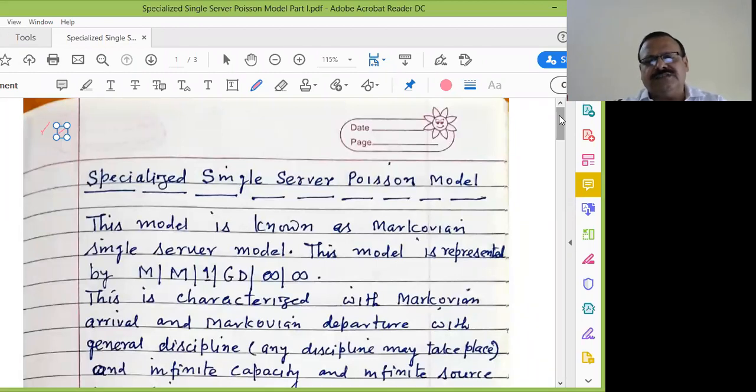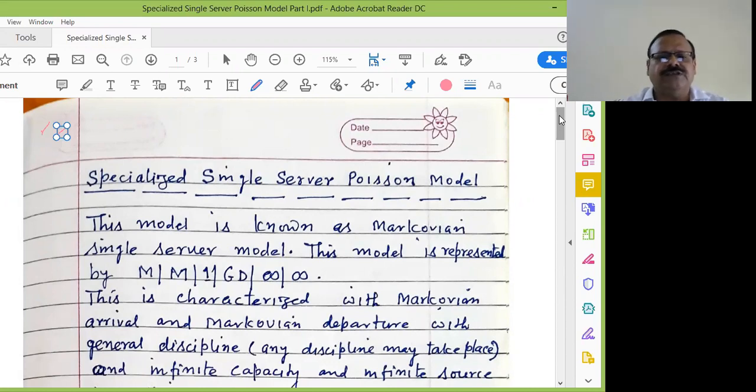I had promised that I will clear up and expose this very point at the appropriate time, when we discuss the single server Poisson model.